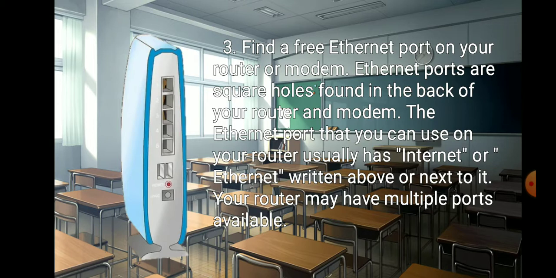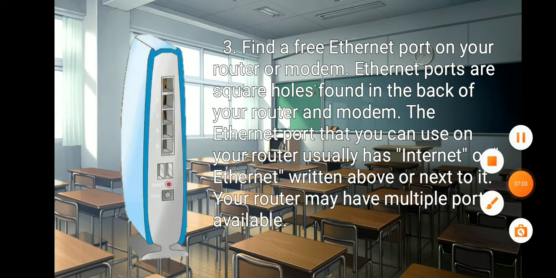Find a free Ethernet port on your router or modem. Ethernet ports are square holes found in the back of your router and modem. The Ethernet port that you can use on a router usually has Internet or Ethernet written above or next to it. Your router may have multiple ports available.